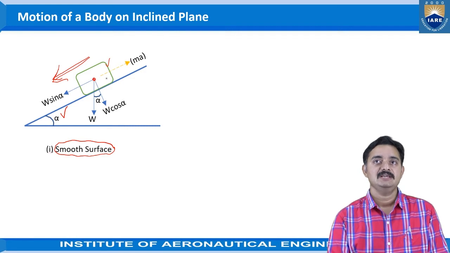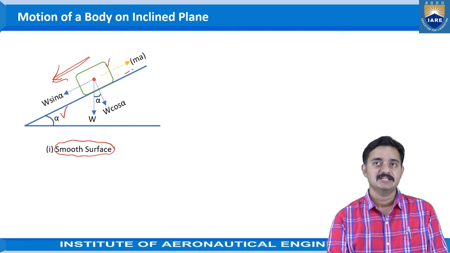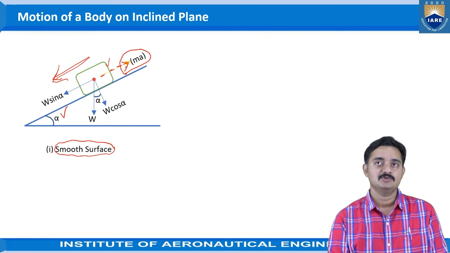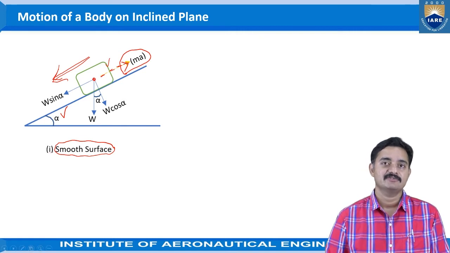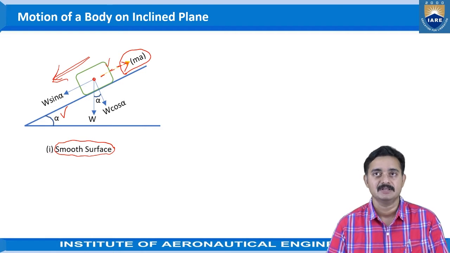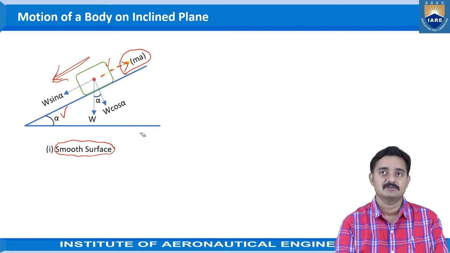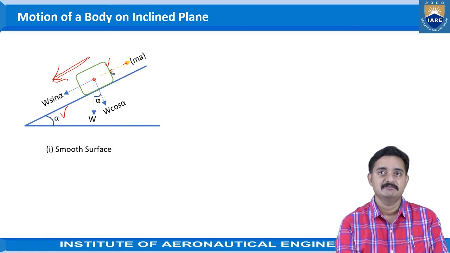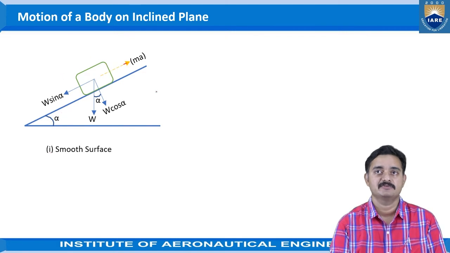So obviously we need to implement the inertia force, acting in the right side direction, opposite to the direction of the acceleration. This is how the inertia force is represented for a smooth surface of the plane.